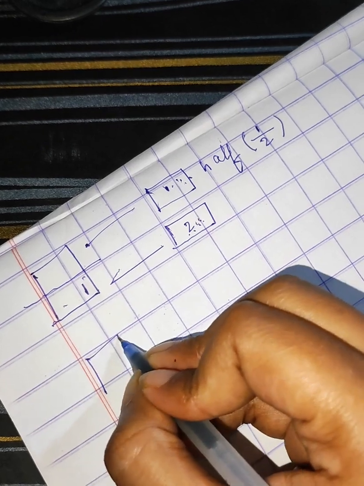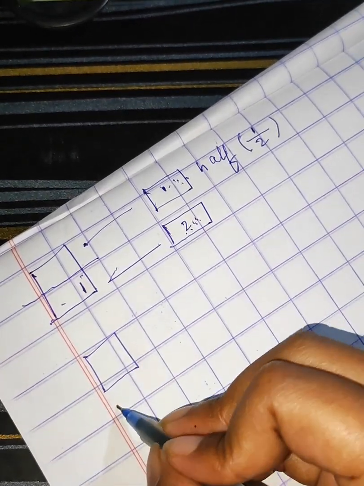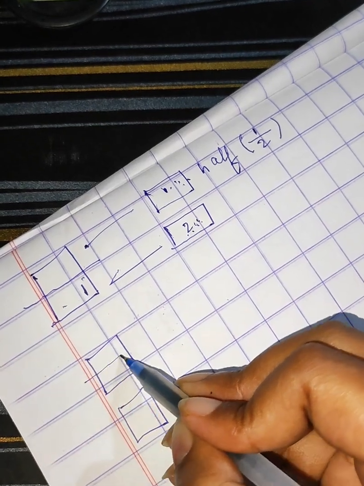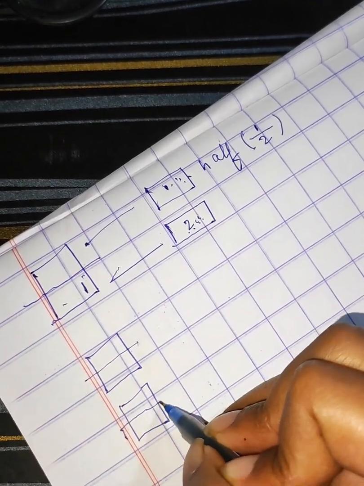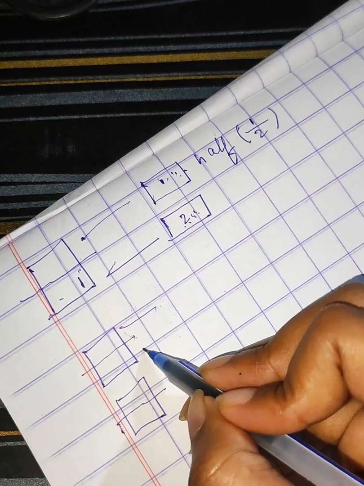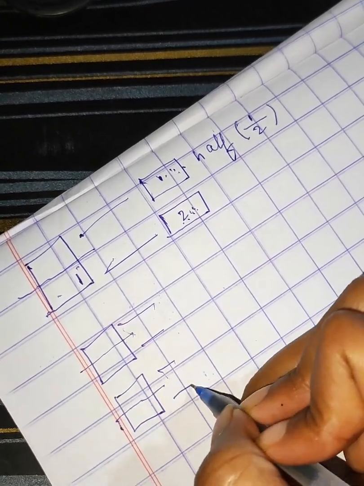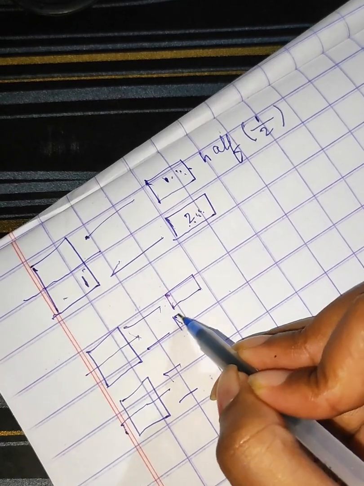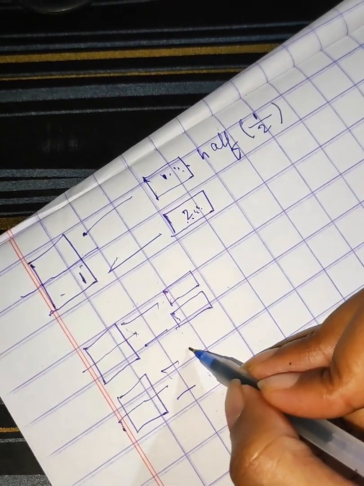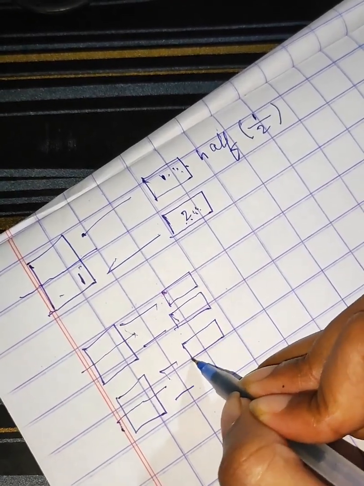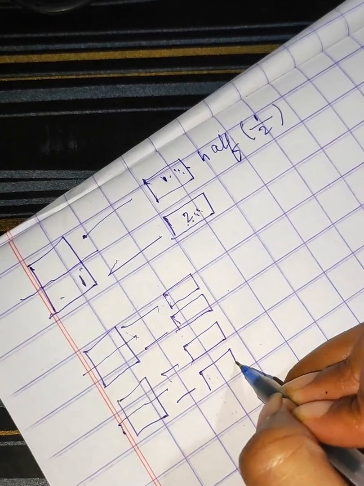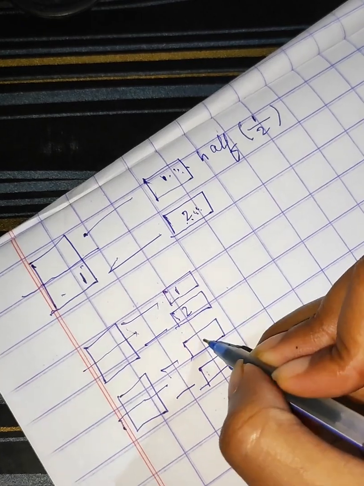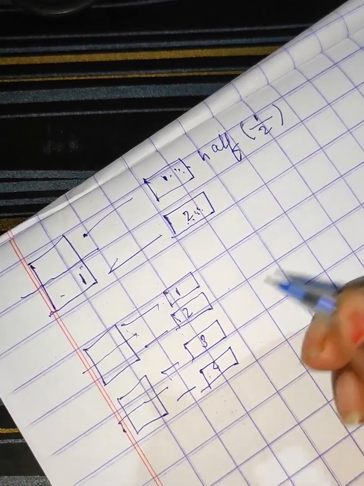Next, we halve the half like this. Then we get 4 parts, 4 equal parts. This is the 1, 2, 3 and 4.